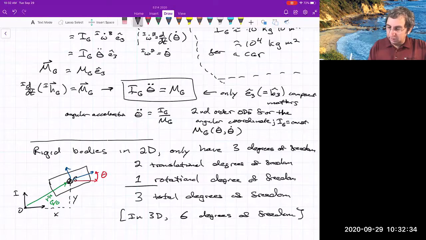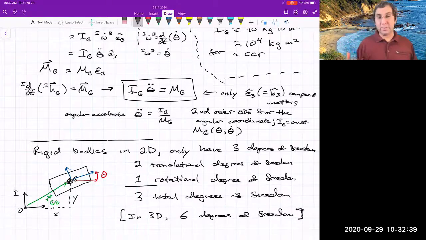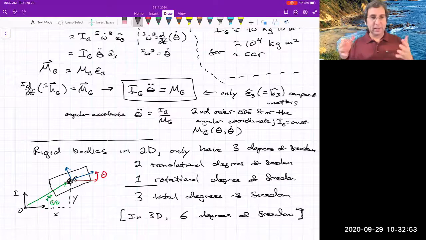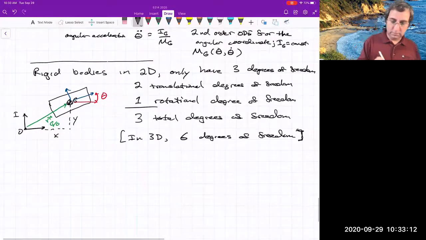So if I can use the planar rigid body dynamics assumption, it's a savings of half of my degrees of freedom. So it's easier to simulate, model, and all that. If you tackle a new problem for your research or work, it might be good to start with a situation where you can make the rigid body in 2D assumption, just to make sure you understand that, and then move to 3D.